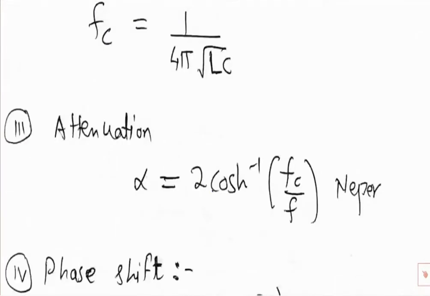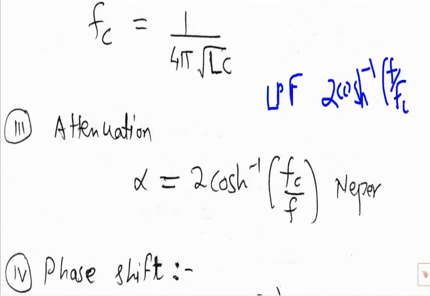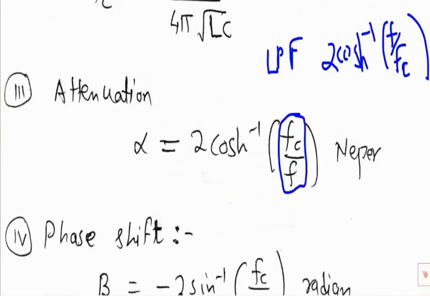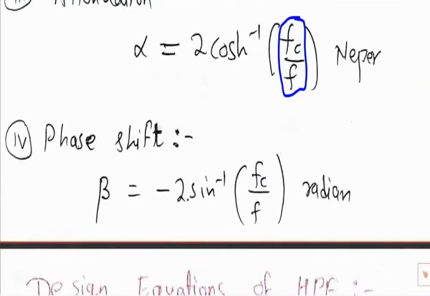Then attenuation is 2 cosh inverse Fc by F. See the difference here. For low pass filter, it is 2 cosh inverse F by Fc, but for high pass filter, it is Fc by F. And next, phase shift is minus 2 sin inverse Fc by F, whereas for low pass filter, the phase shift is 2 sin inverse F by Fc.